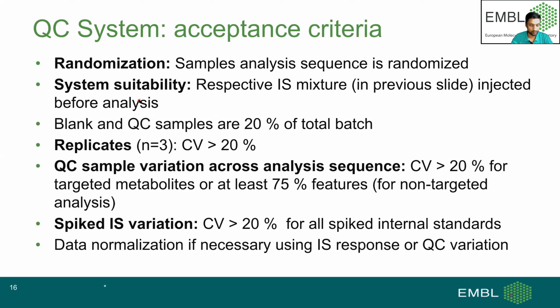And as I showed you in the PCA plot, the QCs should aggregate well. These QC samples and the spiked internal standards can also be used for data normalization. If we find certain variation, we can use them for normalization as well, to correct the analytical batch variation.